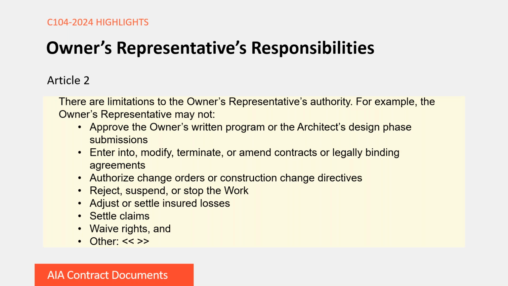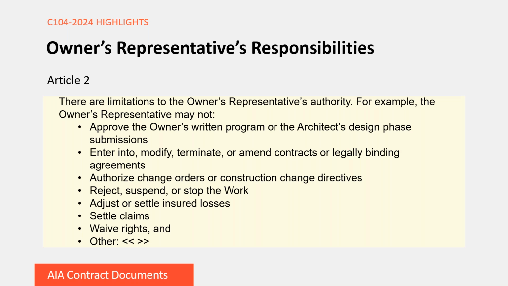The owner's representative is not going to be able to enter into, modify, terminate, or amend contracts or any other legal binding agreements. You're going to see that the owner's representative doesn't have the authority to authorize change orders or construction change directives, reject, suspend, or stop the work, adjust or settle insured losses, settle claims, waive rights, and really anything else that the parties want to negotiate as a limitation to the owner's representative's authority in this agreement.